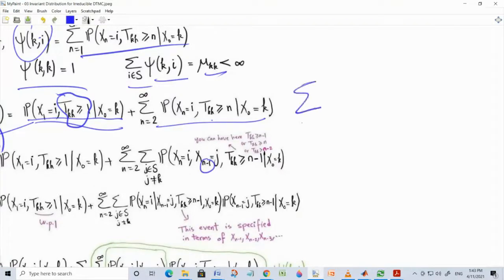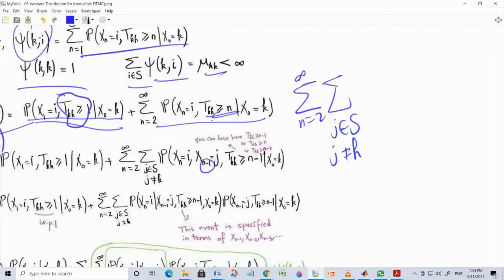So we take n from 2 to infinity, and then we do a summation over j in the state space S, with j not equal to k. j is not equal to k because if the revisiting time is greater than or equal to n, then we are sure that at time instant n minus 1 the chain is not in state k, because it is revisited at instant n or later. So we sum over the states excluding k, because if you put k here, the probability will be equal to 0.